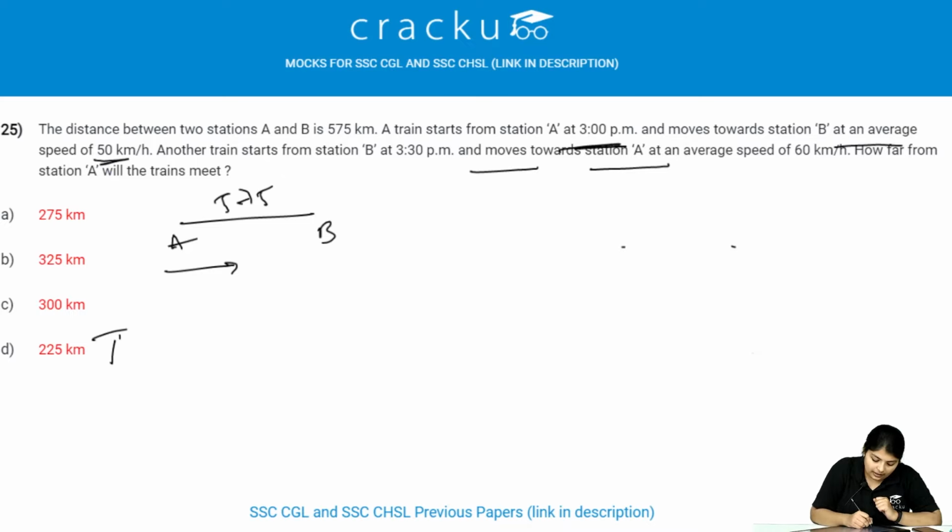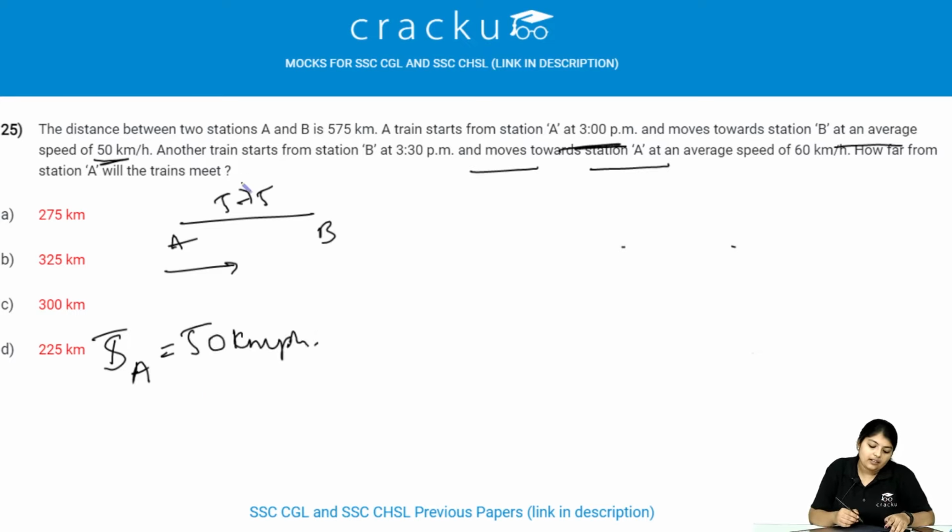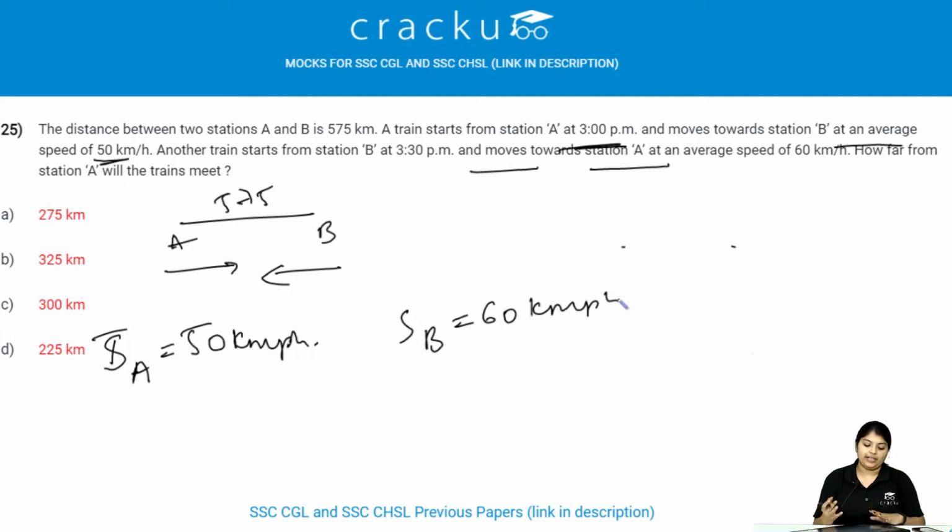So this speed of A is equal to 50 kilometers per hour, and another train starts from station B at 3:30 p.m. and moves towards station A at an average speed of 60 kilometers per hour. So speed of B is equal to 60 kilometers per hour. How far from station A will the trains meet? This is the question. So now first let us see in the first 30 minutes how much distance train A has travelled.